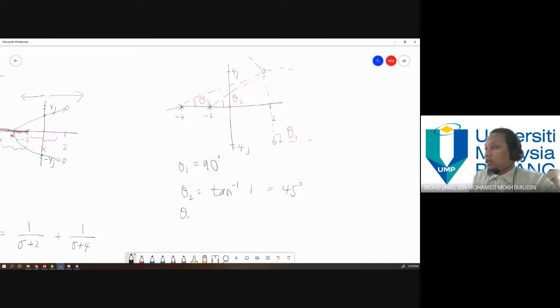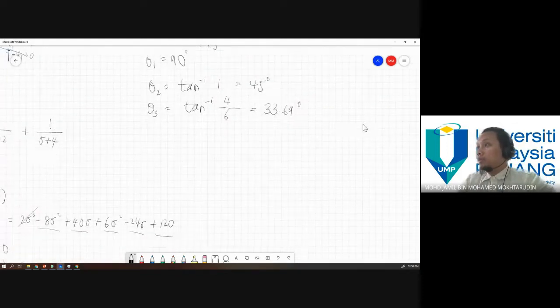And then theta 3 is tangent inverse of 4 over 6. So you get 33.69 degrees.